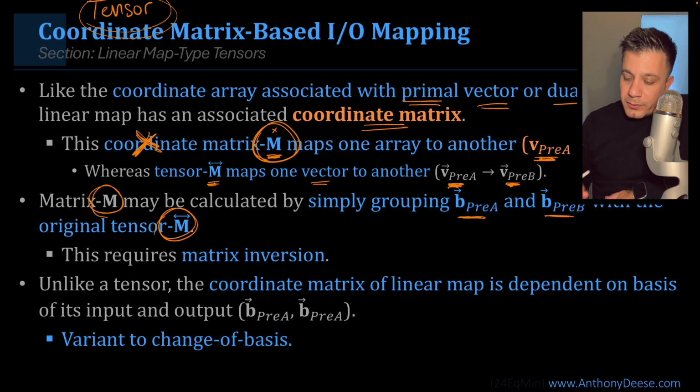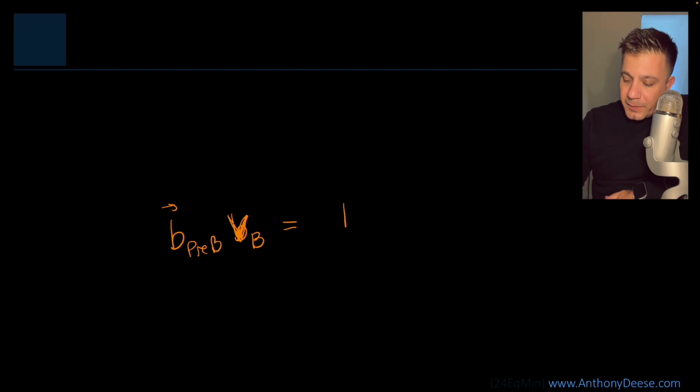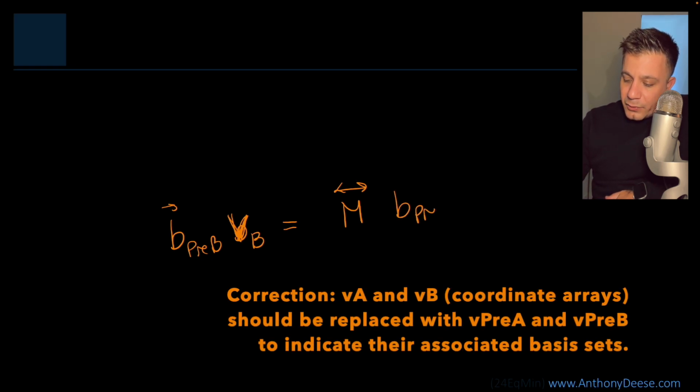So if you remember, we had something that looked like this, right? B pre B, this is V, B is equal to, and then we had our linear map type tensor, and that's multiplied by V pre-A, VA, right? This is our tensor. This is also our tensor.